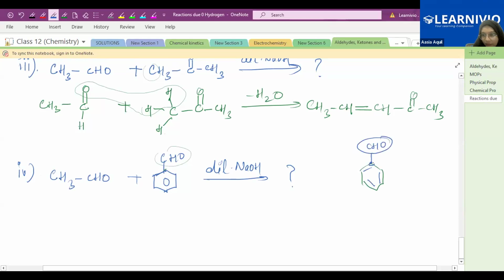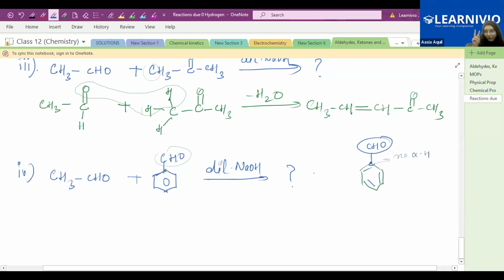Now check this carbon: does it have hydrogen? No, it has no hydrogen. This carbon has four bonds: one, two, three, four. That means this compound has no alpha hydrogen, right?